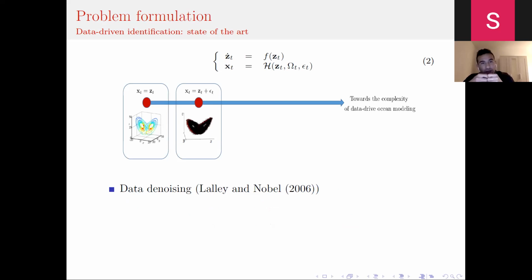When also provided with noisy observations of the state vector Z, it will depend on the type of the noise, but most of the time, data-driven techniques can be defined jointly or after some kind of denoising of the observation.